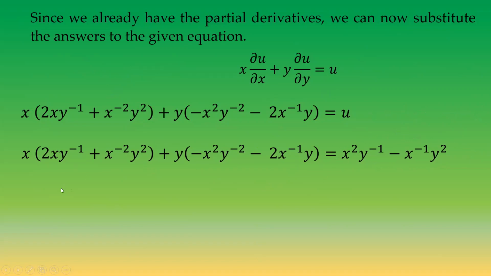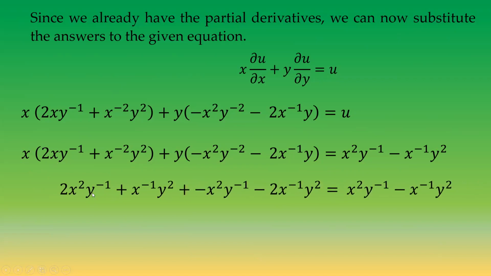Then, by multiplication, we have 2x squared y raised to negative 1 plus x raised to negative 1 y squared, plus negative x squared y raised to negative 1, minus 2 x raised to negative 1 y squared.